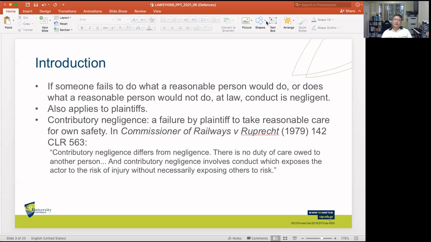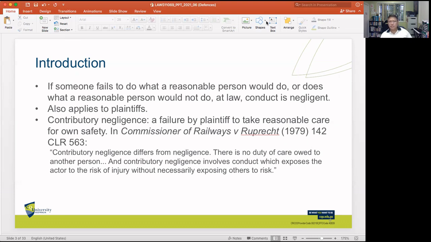Okay, so as an introduction, at common law, when we talk about negligence, we would say that there is negligence if someone fails to do what a reasonable person would do or does what a reasonable person would not do. So that is what we mean by negligence.